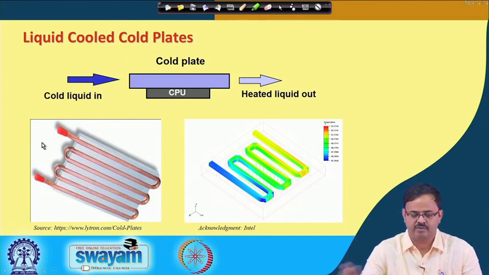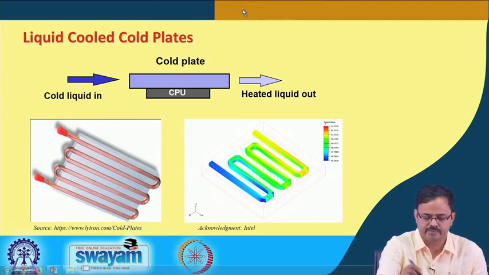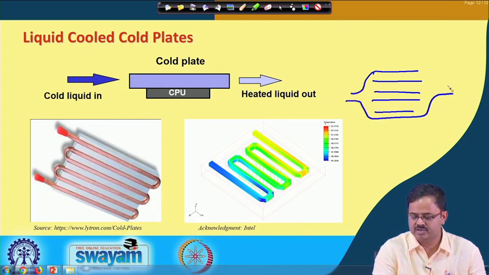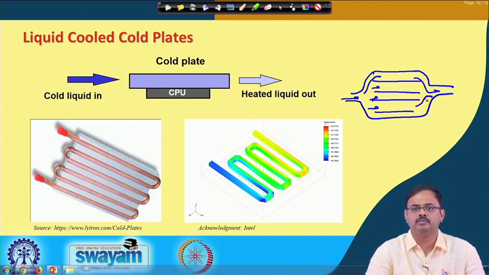If I have to draw it here, you can have a cold plate with parallel channels like a heat sink, and then an inlet and exhaust manifold. So, the liquid comes in, gets distributed, and then comes out.